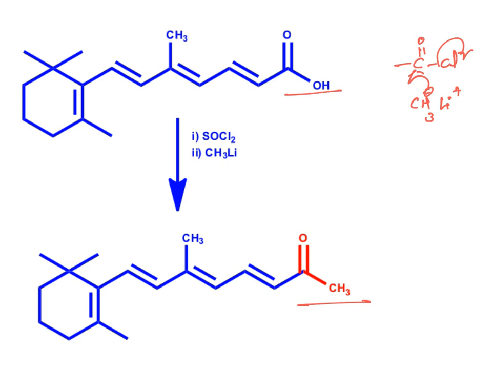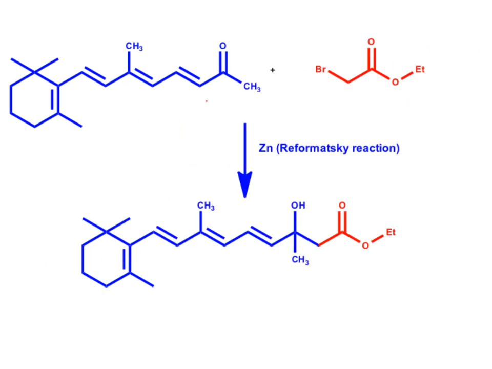And once we have the ketone, again we have to repeat the Reformatsky reaction between the carbonyl group and a bromoester. The ketone is reacted with ethyl bromoacetate in the presence of zinc. Zinc is inserted here, which forms a carbanion, and the carbanion undergoes a nucleophilic addition reaction, which forms again a beta-hydroxy ester.